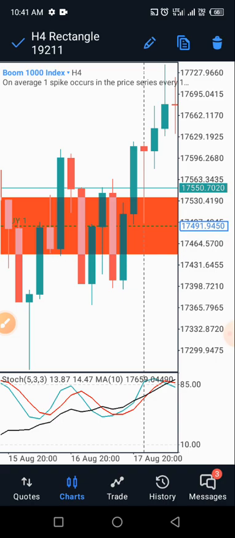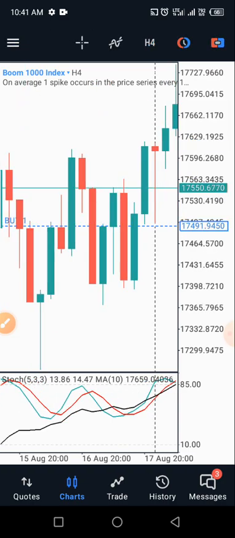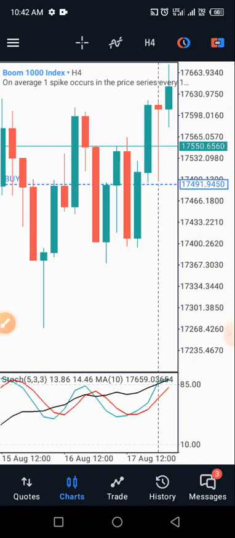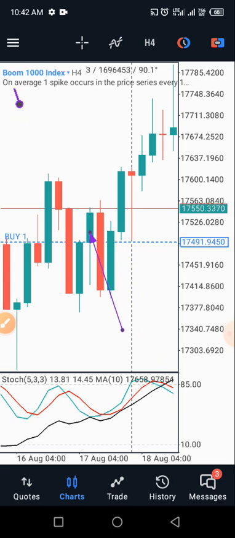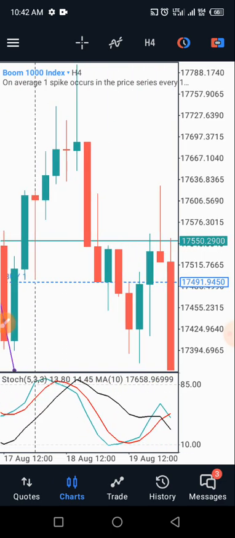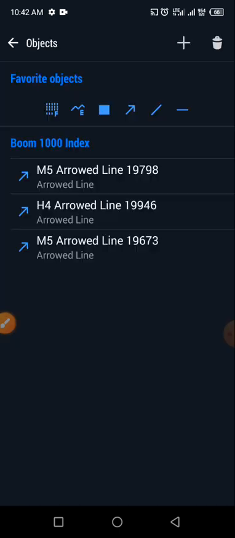I will delete this level here so that I'll be able to show us our ranging market. We'll notice that price was moving in between this level back and forth. Whenever we see this, we know that the market is in a range. The market is consolidating, and if we move forward we also notice that the market here was in a range.